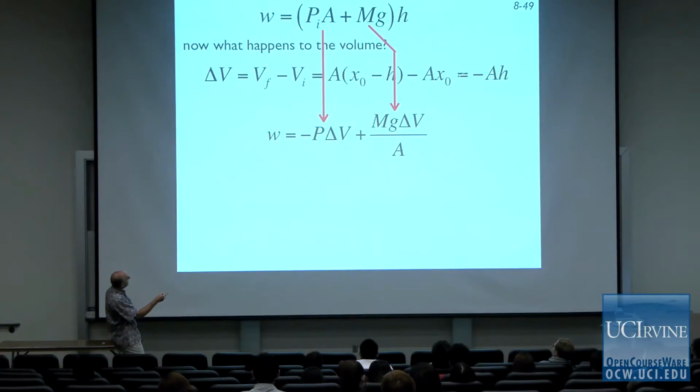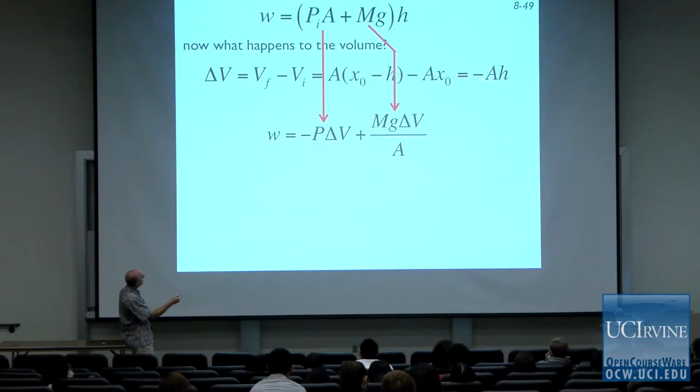Okay, so now if I take that, delta V equals minus Ah, I can make substitutions into this work expression up here. For example, A equals minus delta V over h. And so if I put delta V over h here, the h cancels, I get minus P delta V for that first term.